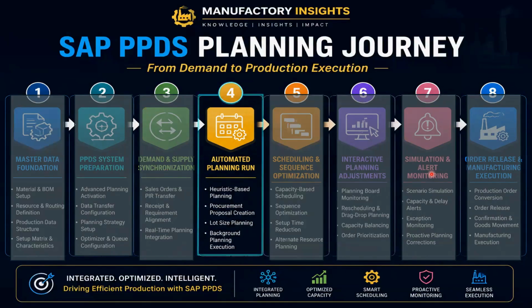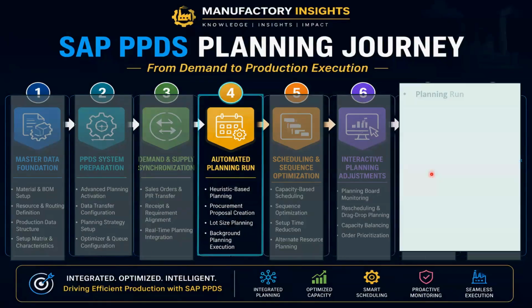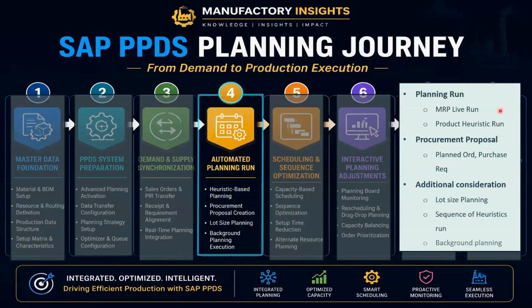The planning run can be performed in multiple ways. If it is an S/4HANA system, you can use MRP Live run, or from the PPDS system perspective, you can also use product heuristics run. The output you can expect is either the planned order or the purchase requisition, based on the procurement type for the particular material.